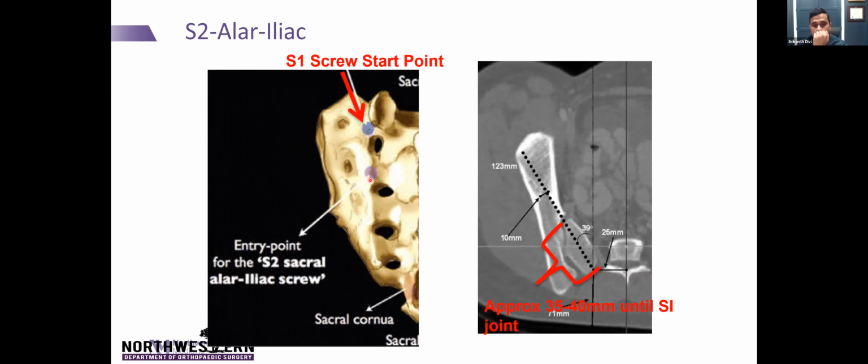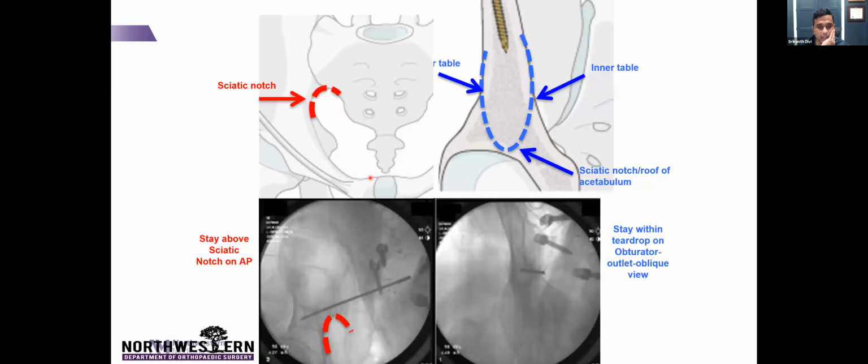And then my technique is I bring in fluoro. On the AP fluoro, I put in the blunt probe all the way up to where I feel resistance, and then I know I'm at the SI joint. That's about 30 to 40 millimeters in. Then I make sure on the AP that I'm above the sciatic notch.